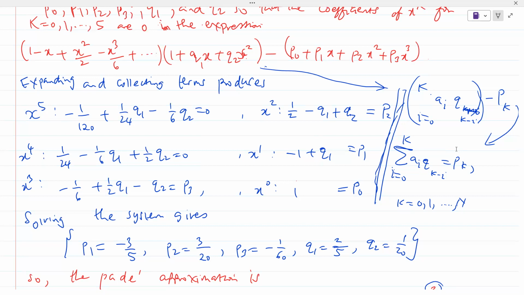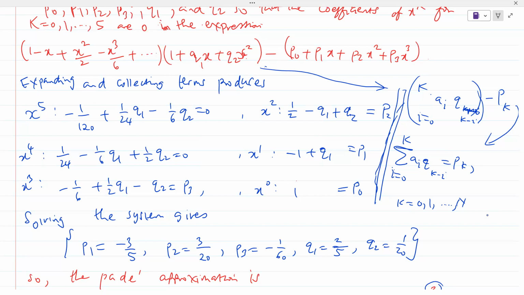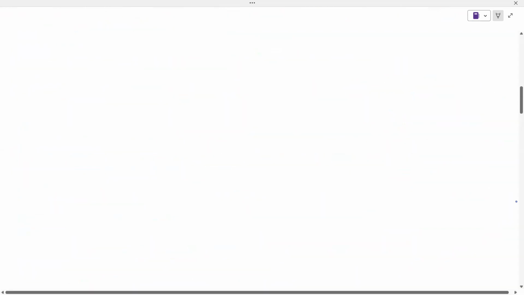Okay, I think that I've spoken a little bit more about these Padé approximations. I want to now highlight something about the famous concept we have studied. What is the famous concept that we have studied?